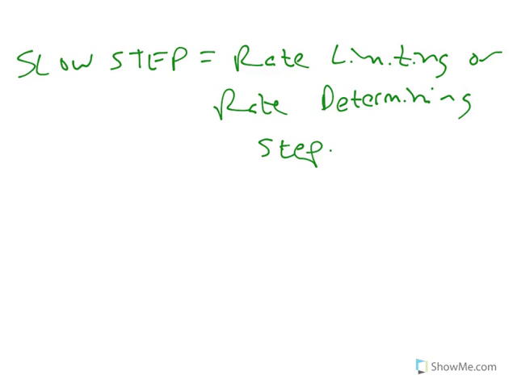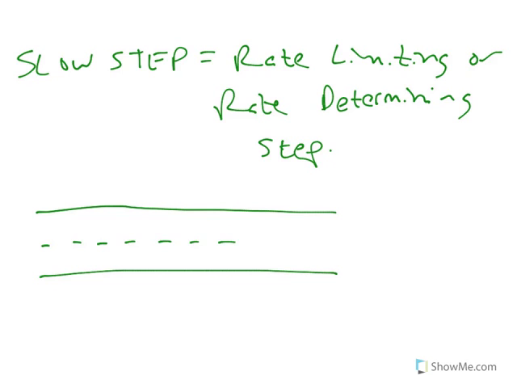Now, why is that? If you think about an everyday process, let's say you want to pull out onto the street. We've got a street here, and this is where you are, and you want to get going in that direction.